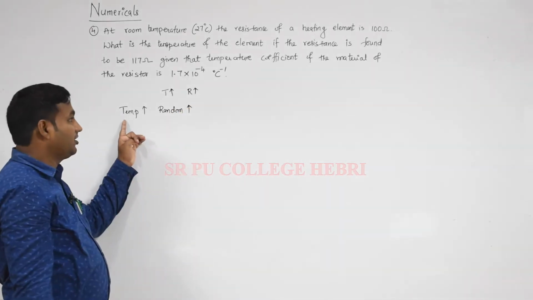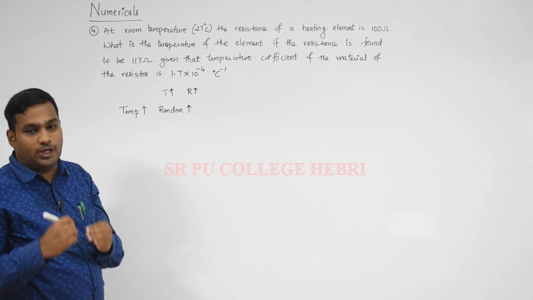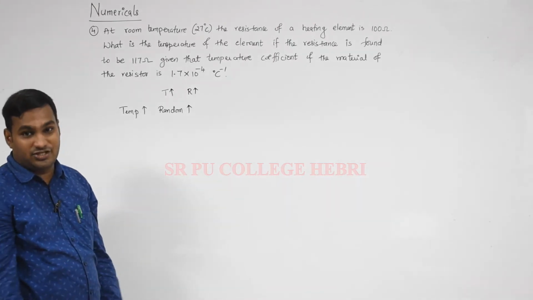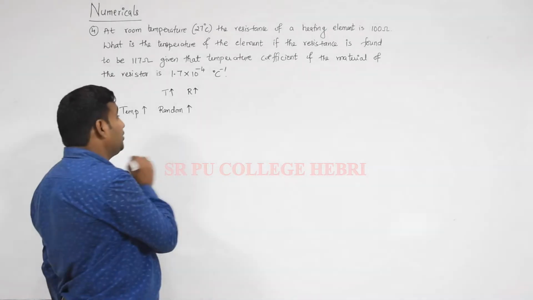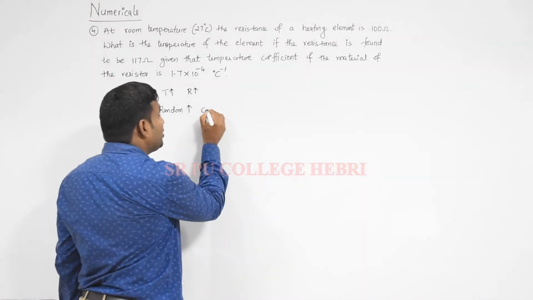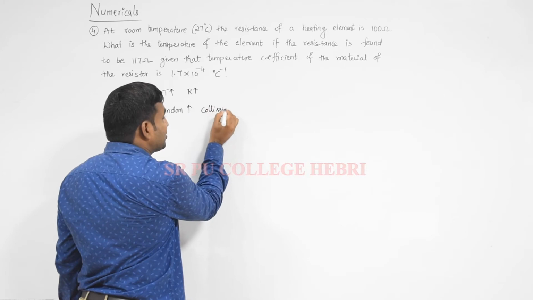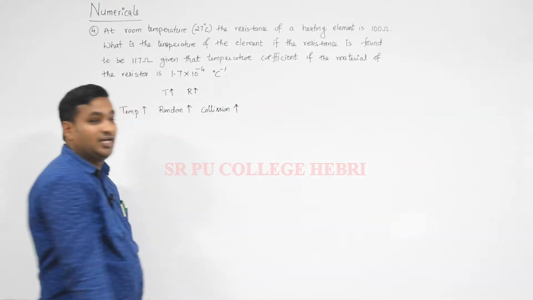As the temperature increases, randomness of that free electron or valence electron goes on increasing. They collide with each other. Automatically, due to that randomness, collision between electrons goes on increasing.